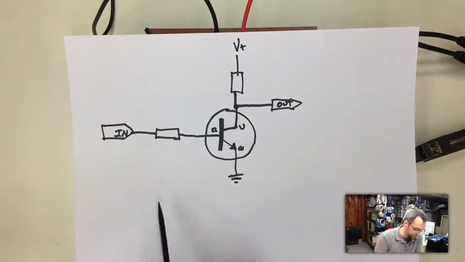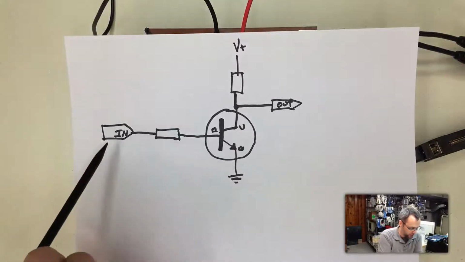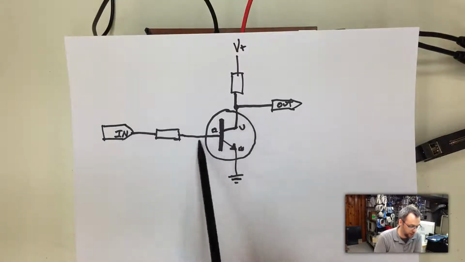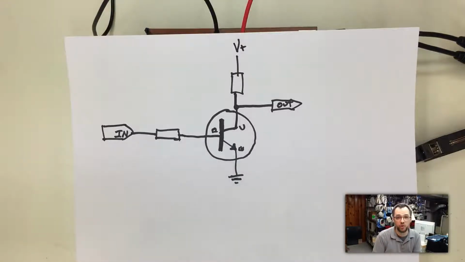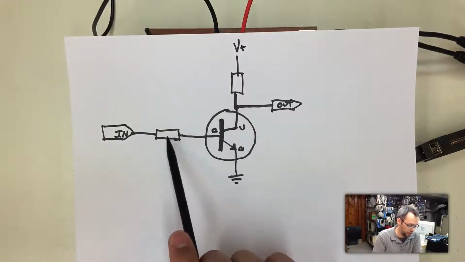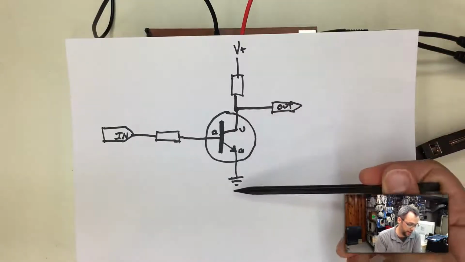NPN: base, emitter, collector. You bring the signal in here and you have to pass it through a resistor, because a transistor will pull as much current as you want to give it. It'll just eat it all up. So you have to be careful with this. You have to give it a little current limit here, and the same thing on this side.